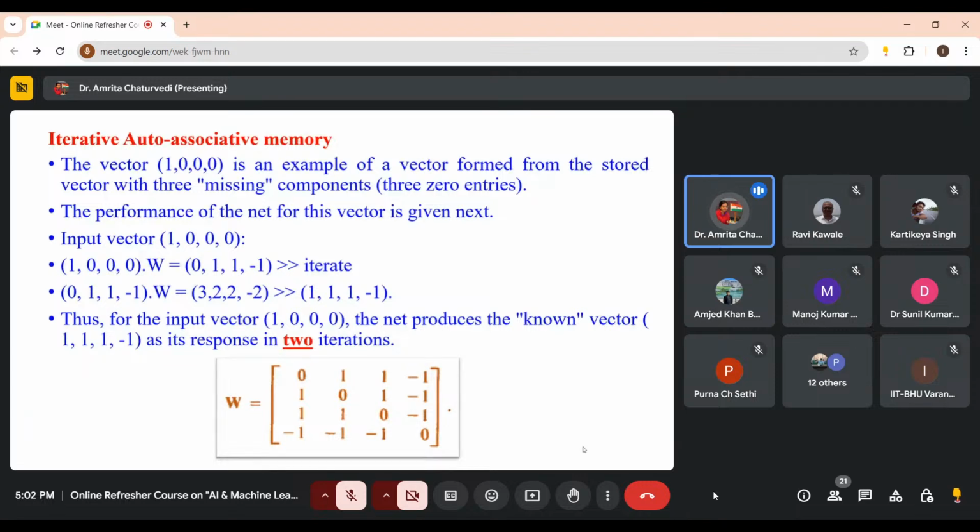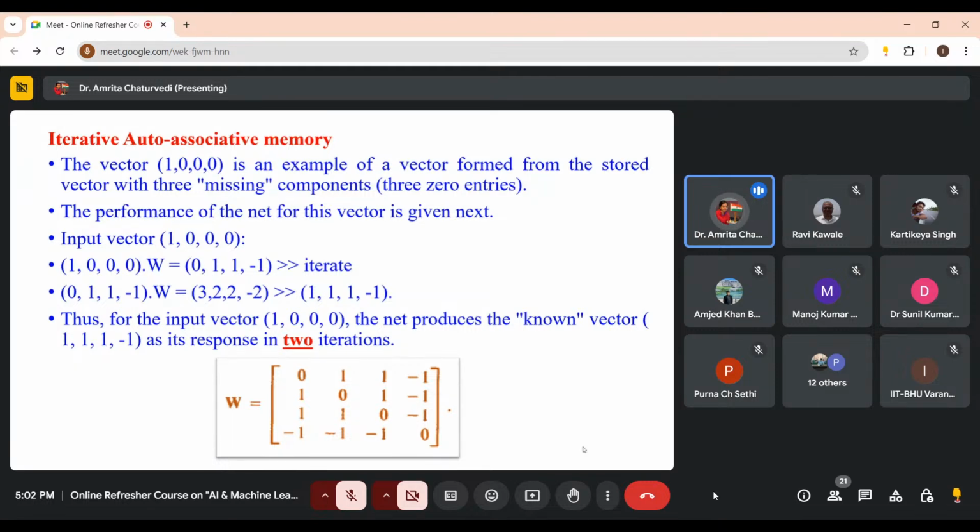So let us see whether our network is able to identify this vector. So when the input vector is 1, 0, 0, 0, we multiply it by the weight matrix. We get 0, 1, 1, minus 1, which is not a known vector.